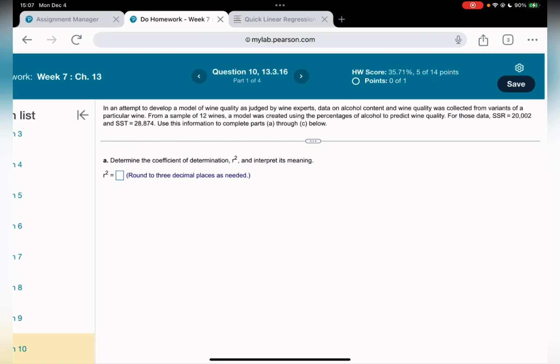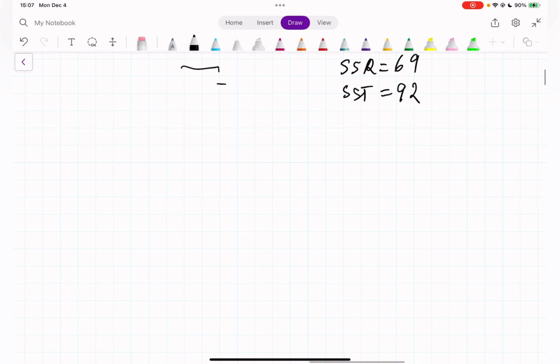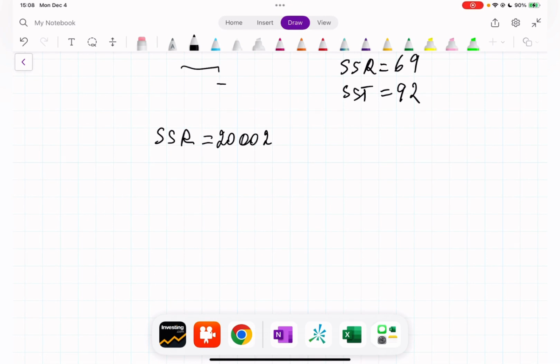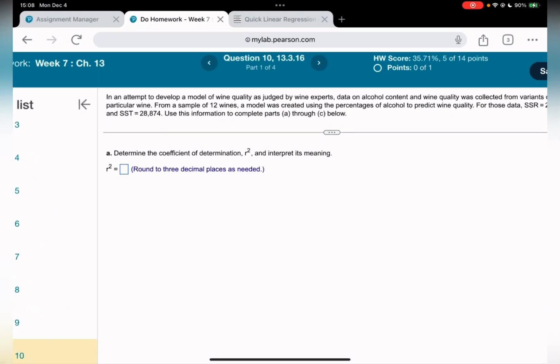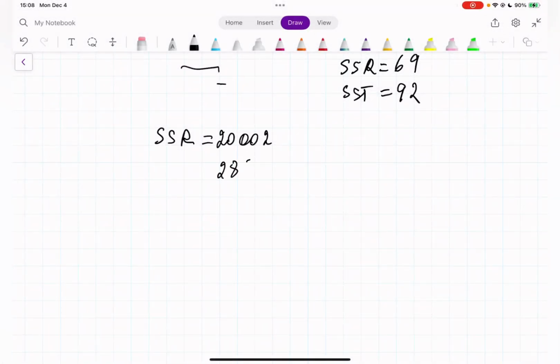SSR, the regression sum of squares, is 20,002. SST is 28,874. This is the total sum of squares.